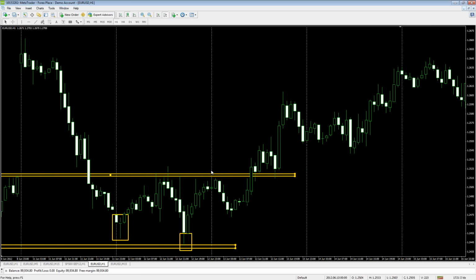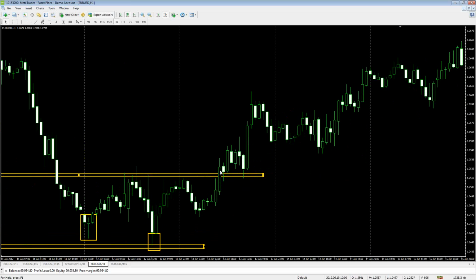Resistance, resistance, and when it's breached, we have support. Especially if you see candle wicks here, and you see there's support here after it was resistance, this is the area where you can take action. This is responding to the price action itself.